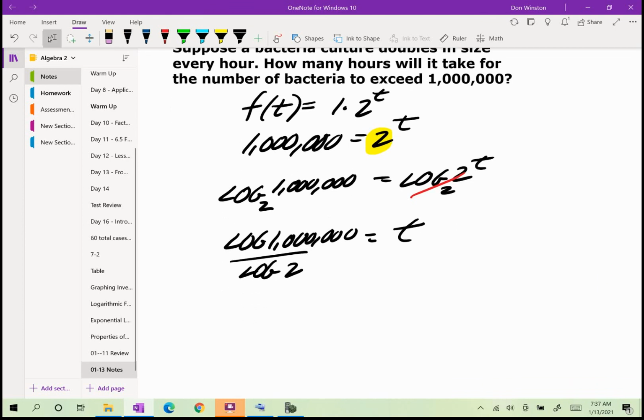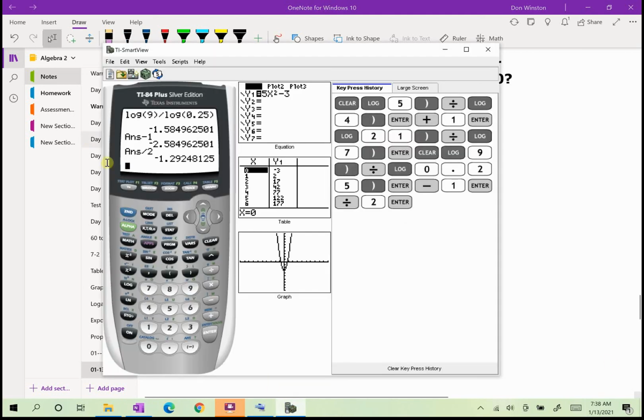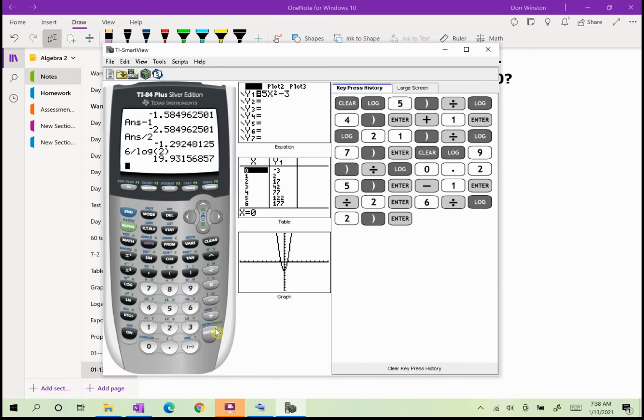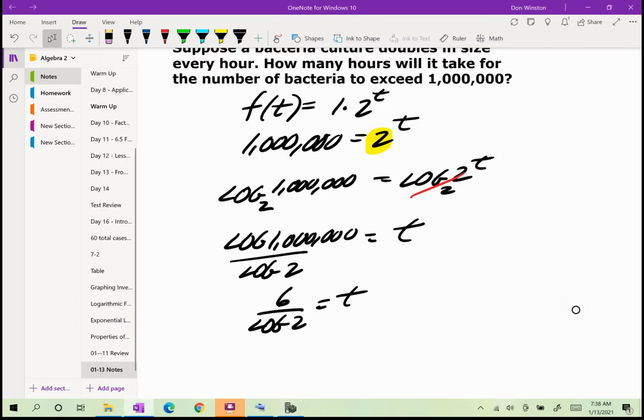Common log of 1,000,000 is 6. So that's 6 divided by log base 10 of 2 equals t. So if I go out here, 6 divided by the common log of 2, it's about 19.93 hours, I'm sorry, years.